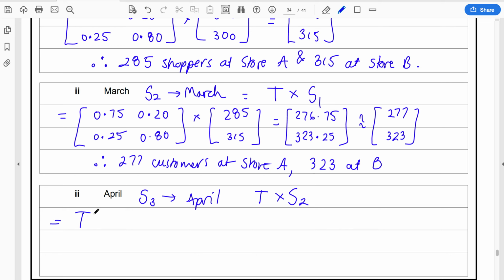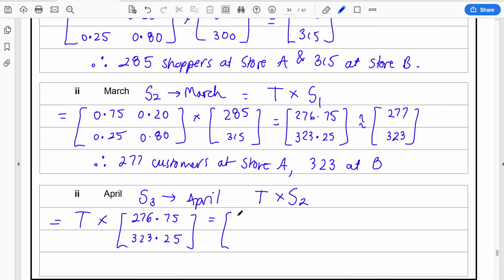Instead of writing the transition matrix again, because it's already been defined many times up here, I'll write T by S2, which looks like this. Notice, though, that I don't use a rounded value. I use that unrounded one. You don't want to lose any accuracy by using something you've rounded. I've only rounded off to be able to answer that question there. So it's pretty normal to actually use this unrounded one.